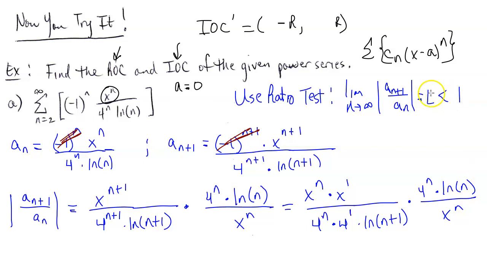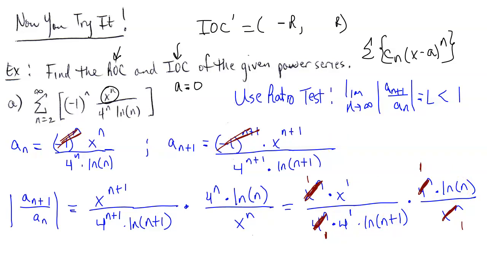So here we see that this x raised to the n and this x raised to the n will reduce to 1. This 4 raised to the n and this 4 raised to the n will also reduce to 1. And so what we end up having left here is this x, a 4, natural log of n, and natural log of n plus 1.